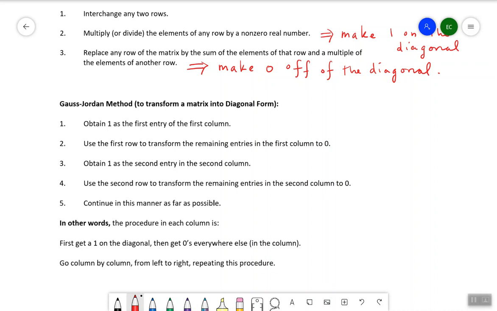In other words, the procedure is get a 1 on the diagonal and 0s everywhere else in the first column, and then go on to the next column and get a 1 on the diagonal and then 0s everywhere else. So we go from left to right, column by column, getting a 1 on the diagonal and then 0s everywhere else. So we have the basic idea now. In the next video, we'll have a couple more examples to help us practice.